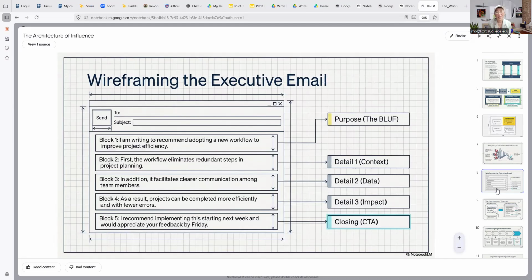What I'm trying to say is that the 5-paragraph essay structure is not only reserved for research essays. You can use the 5-paragraph essay structure for everything.